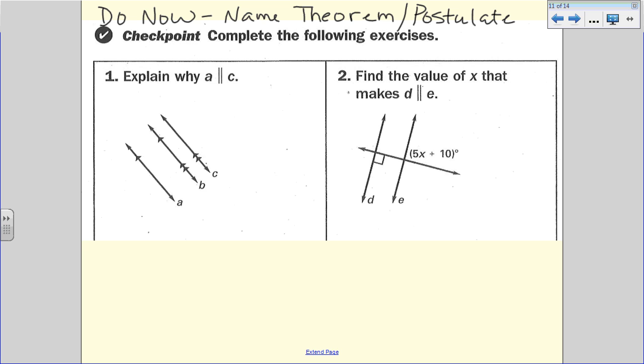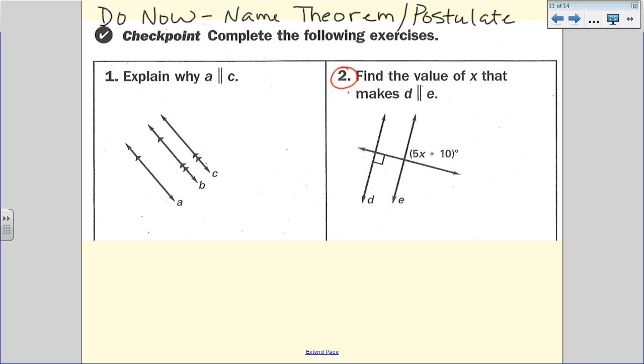Put slash postulate. You should be able to look back at those diagrams, look at the theorem, write that theorem down, and then reread it. So I want you guys to do that for number 1.